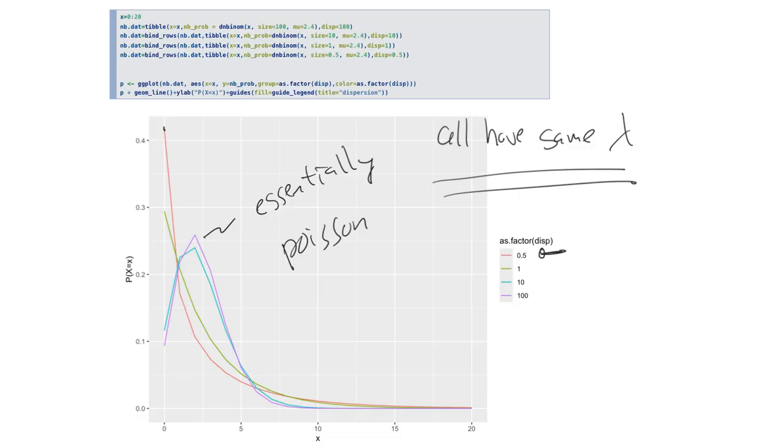So there are some diseases that look more like Poisson, and there are some diseases that look much more like negative binomial, that big right tail. An example of the latter would be things like SARS. SARS was an outbreak where most people didn't affect that many people, but a few people affect tons of people, super spreaders, and then you get this more negative binomial pattern.